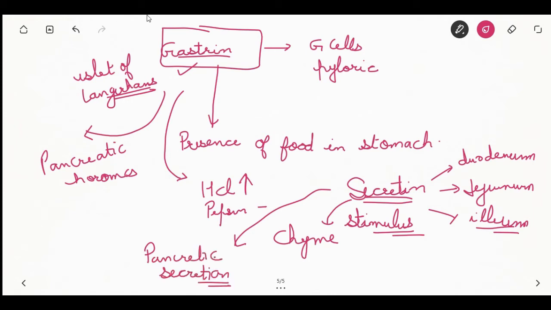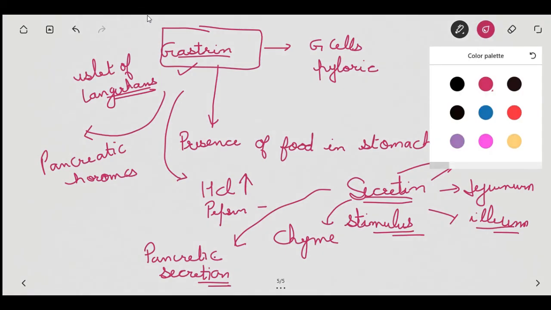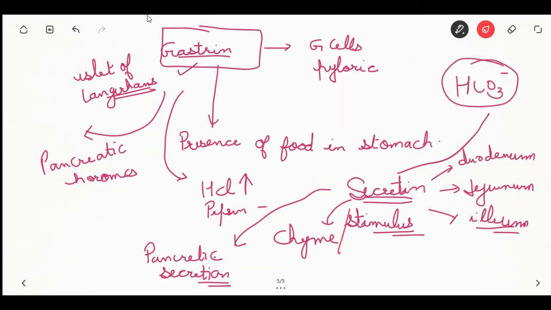It acts on the cells of the pancreatic ducts by cyclic AMP and causes secretion of a large amount of watery juice with a high content of bicarbonate. Another action of secretin is that it inhibits the secretion of gastric juice.